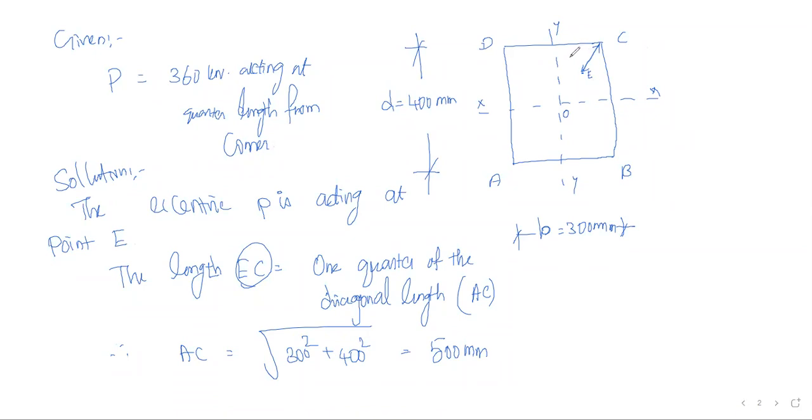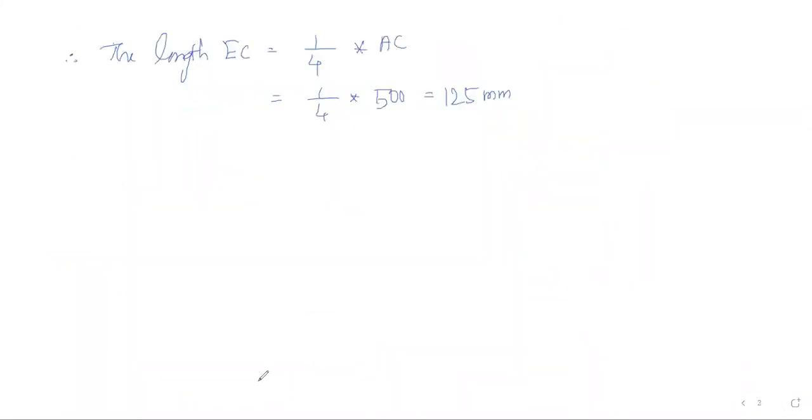Now this distance from here to here, that is OE, is also 125 mm. Now I need this height EY, and EX is equal to what, that I have to calculate. So the length OE is also 125 mm.